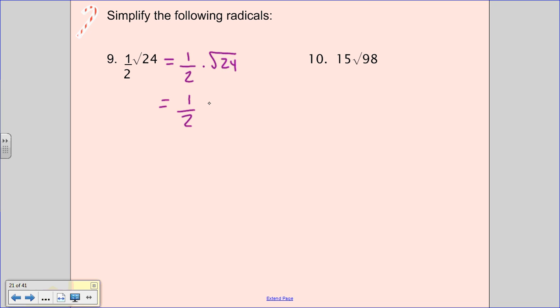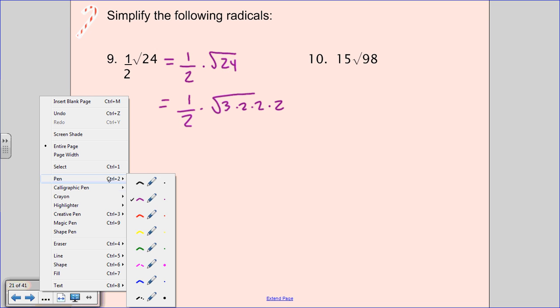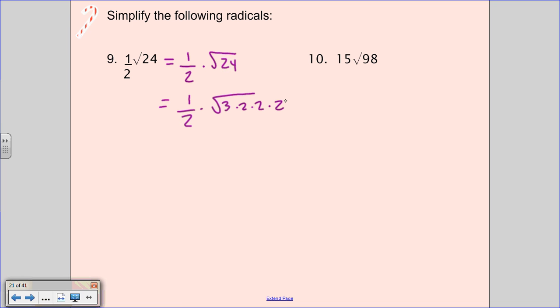The square root of 24, if you forgot, was 3 times 2, which is 6, times 2 times 2, which is 4, so 6 times 4. And in this situation, we had our twin 2s, where one sacrificed and one came out.